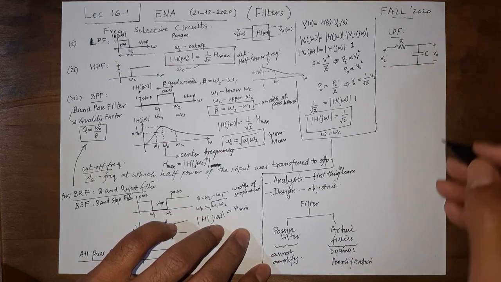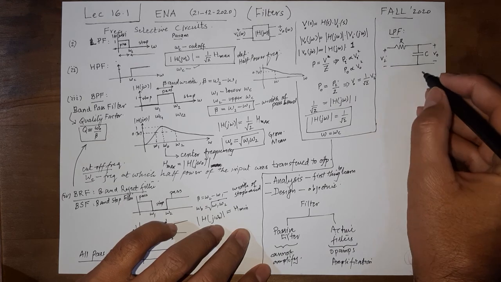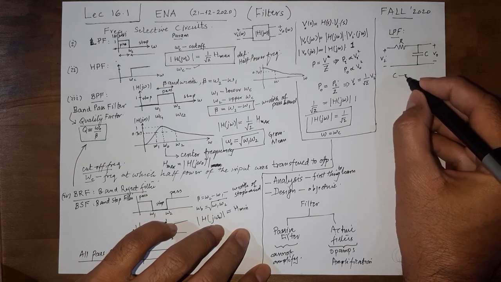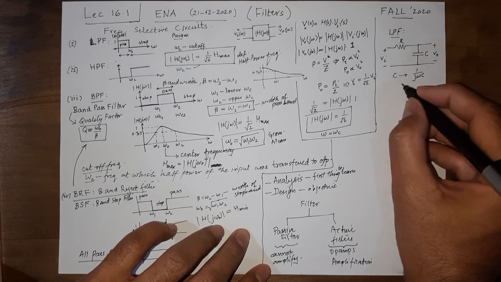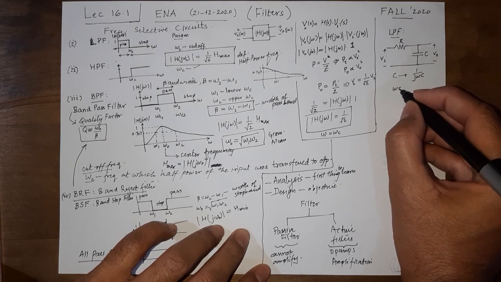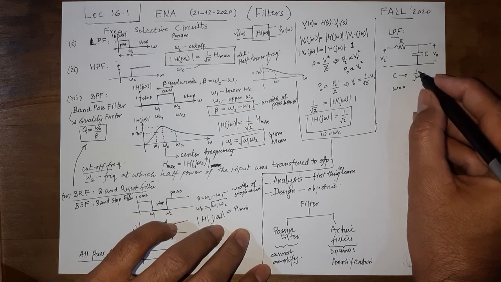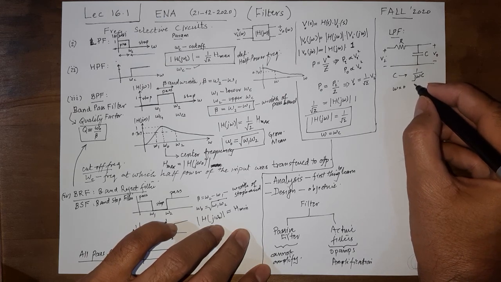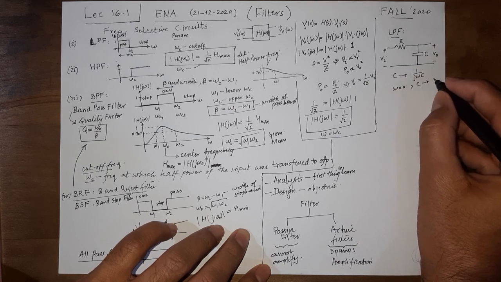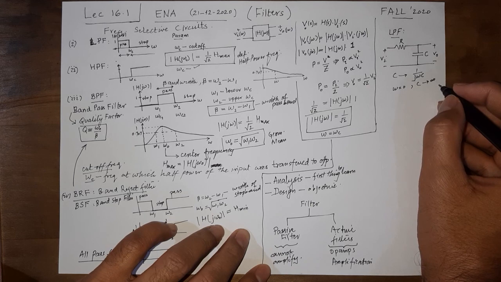So look for the extreme cases. For example, we know that in frequency domain, this C is going to become 1 over j omega C. So what is going to happen when omega is 0? C tends to infinity.